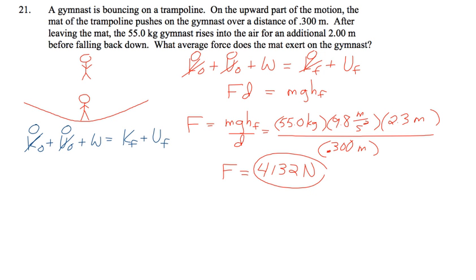So I already know what the work is. I just solved it. So we'll replace work with F times D. And then we're going to get 1/2 mvf squared plus mg times the final height, which is a different number than what we had when we first solved it, because with this person, the final height is a much smaller distance above where they started from when they left the mat.